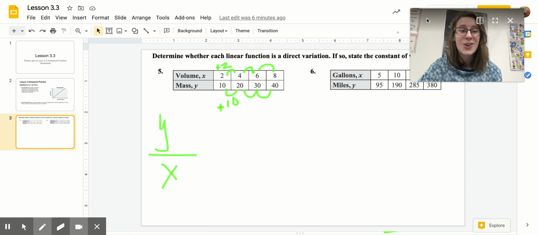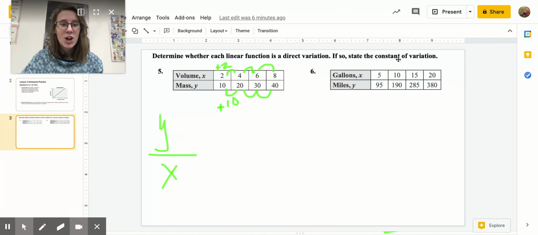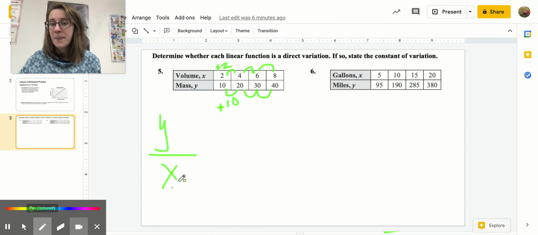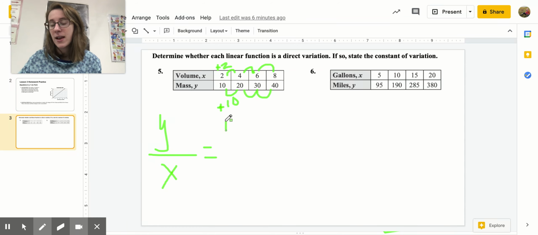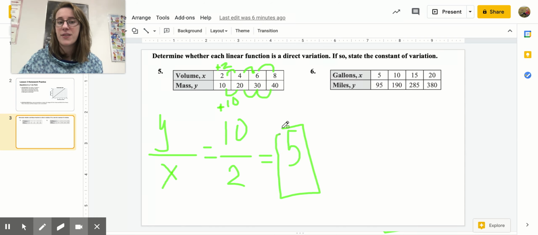That's why it's called the constant of variation. It's constantly adding 10 first, and then for the x, constantly adding 2. 10 divided by 2 is a nice number because we can reduce that down to 5, or 5 over 1. That is our constant of variation.